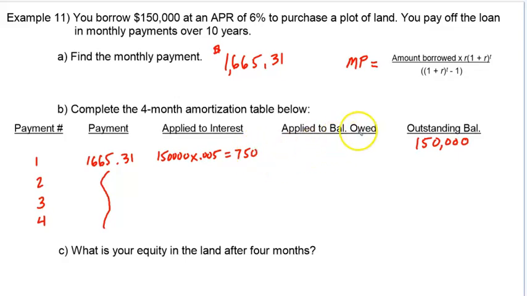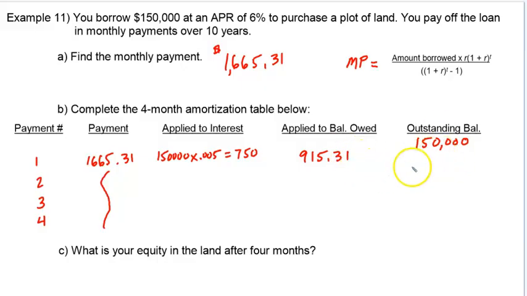So the amount that's going to be applied to the balance will be $1665.31 minus the $750 that was paid in interest, and that's $915.31.